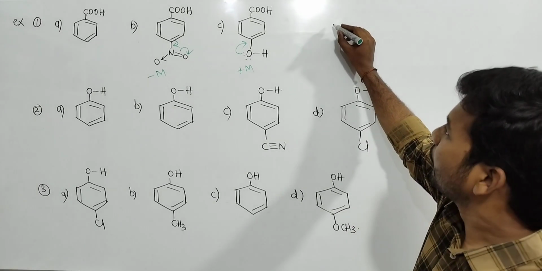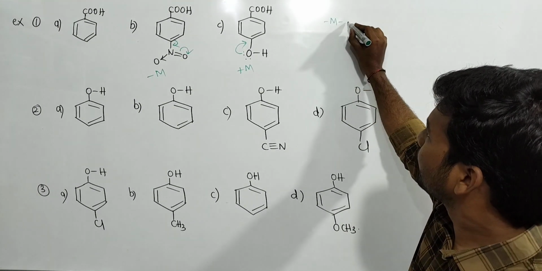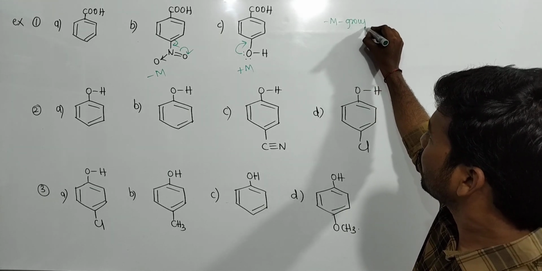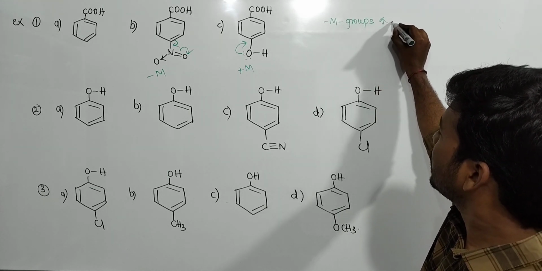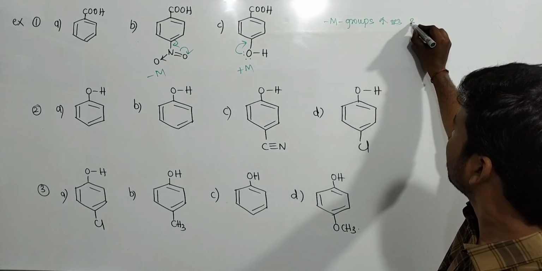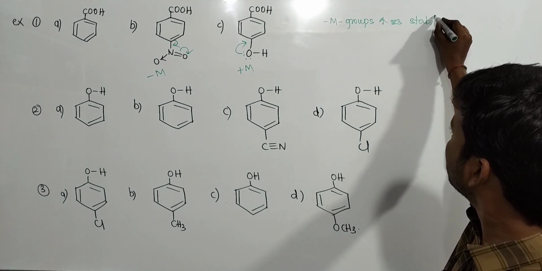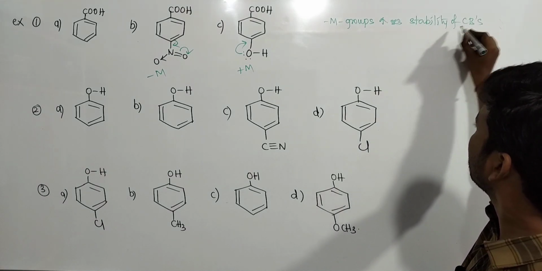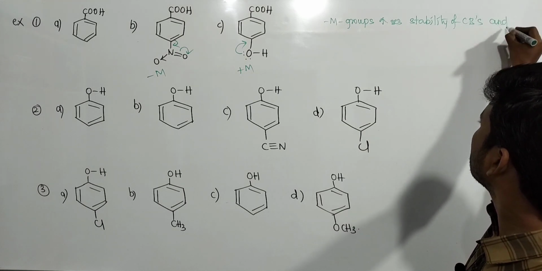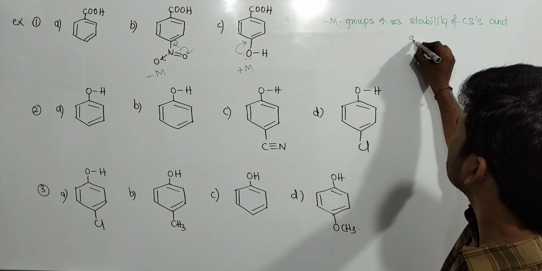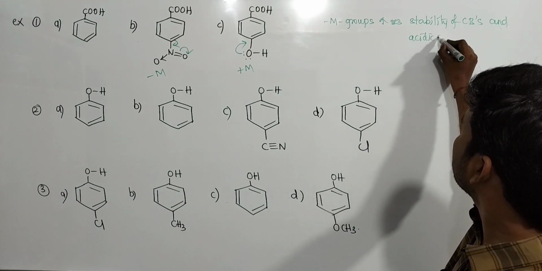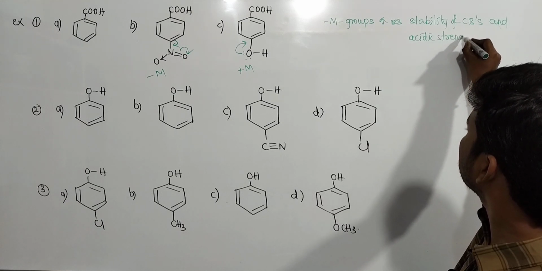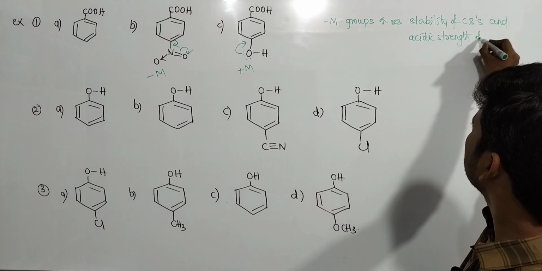So minus M groups increase stability of conjugate bases and acidic strength of acids.